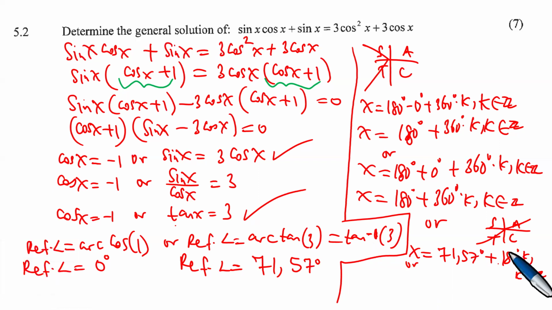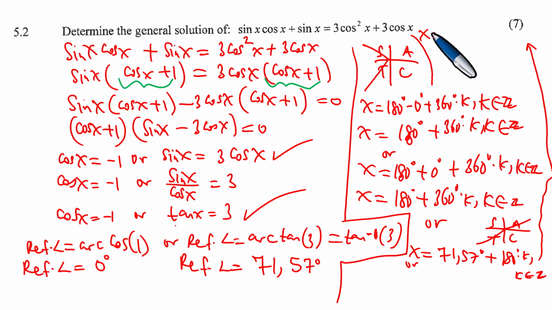You take this one up to the top and say that x equals 180 degrees plus 71.57, but these are circular, periodic functions, so it's 180 degrees times k. This one is not necessary to do in the matric exams.